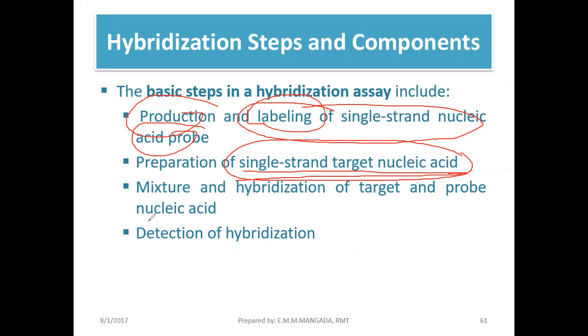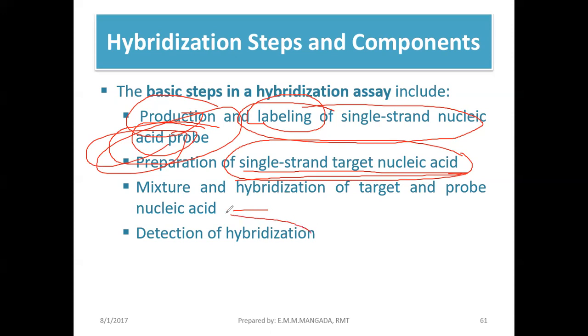So here in histology, we simply add the nucleic acid probe to the tissue. If, for example, our target is really what we are looking for, the unknown nucleic acid, they will bind.